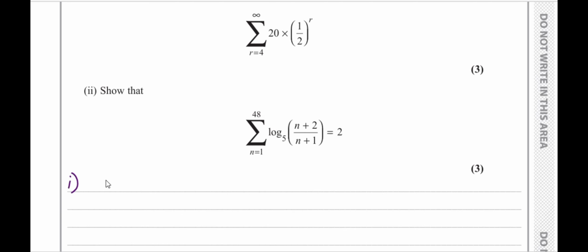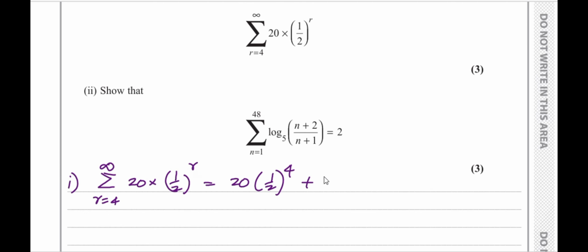So this summation can be written as 20 times (1/2)^4, add 20 times (1/2)^5 plus 20 times (1/2)^6, dot dot dot, and the last term will be infinity.